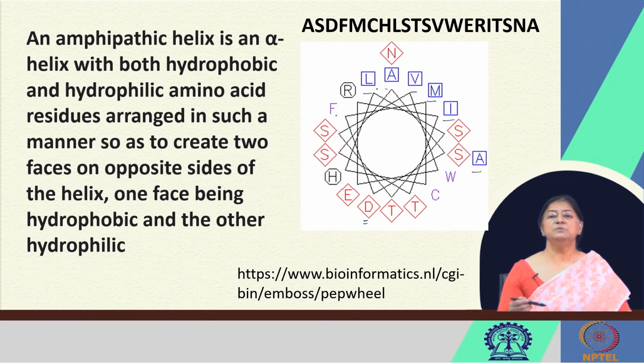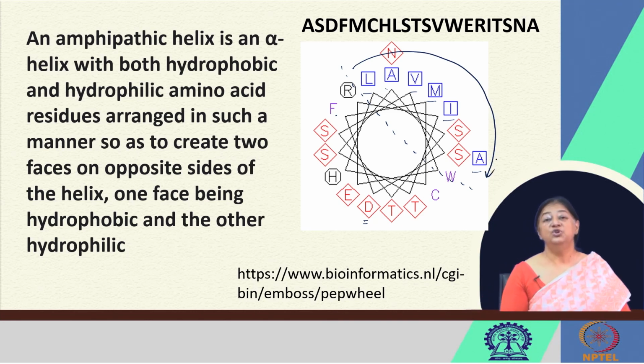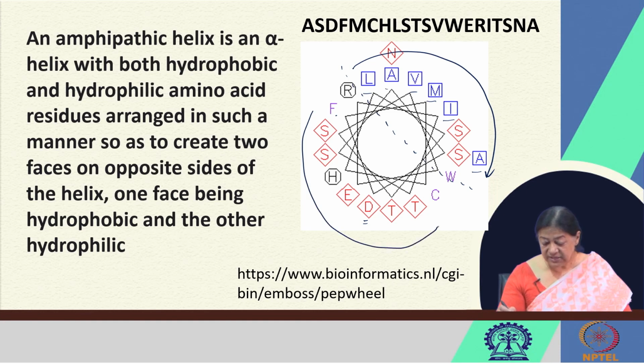We see some sort of a pattern in the sense that if we draw a dotted line along, say, somewhere around here, this part is hydrophobic in nature and this part is relatively hydrophilic in nature. So what would we expect if this helix were part of a protein?